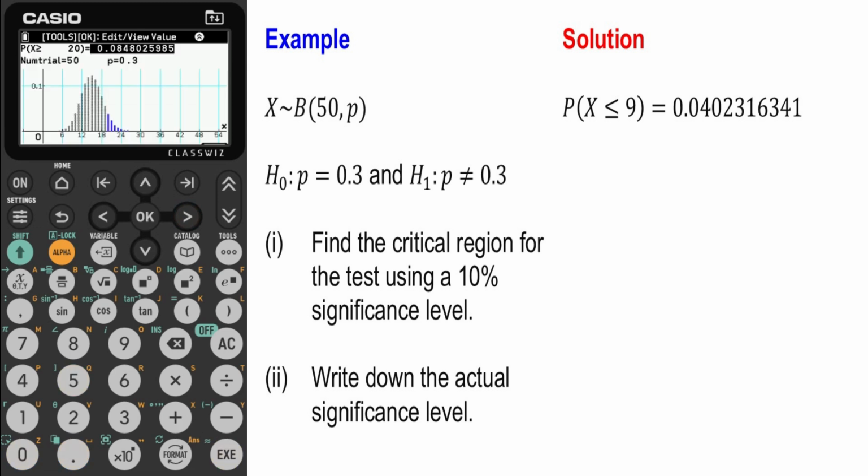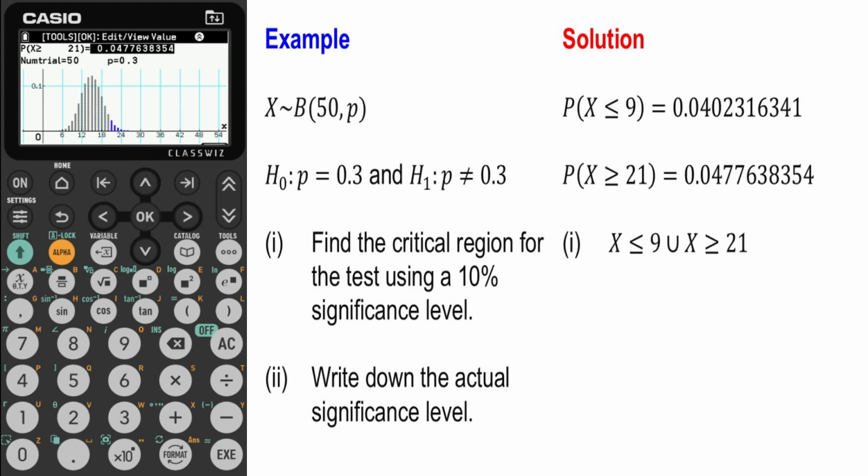Now, our calculator gives us values where we accept H0, and because we are in the upper tail, we need to do one more than this 20, which is 21. And now you can see this 0.04 etc. is less than 5%. So we have the probability that X is greater than or equal to 21 is 0.0477 etc.